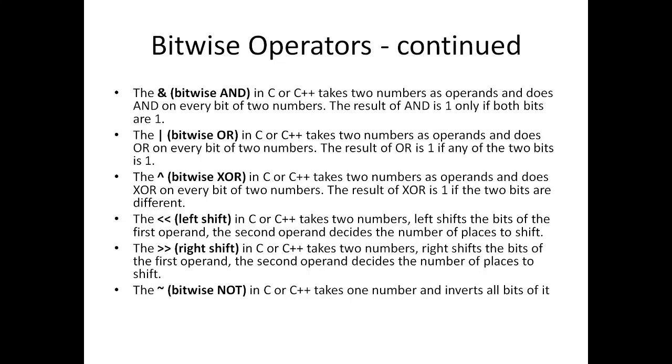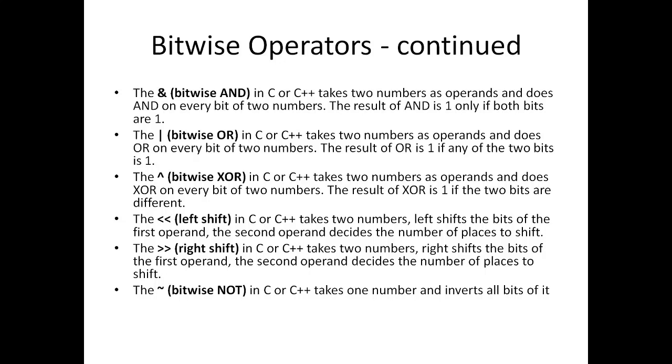And in case of exclusive OR, if two bits are different, then only it is going to return 1. If two bits are same, like if it is 1 1, it is going to return 0. If it is 0 0, then also it is going to return 0. If 0 and 1, then it is going to return 1. Left shift, it shifts the bits to the left of the first operand.